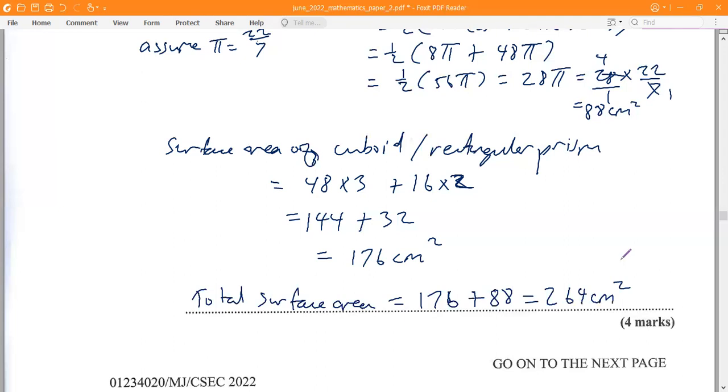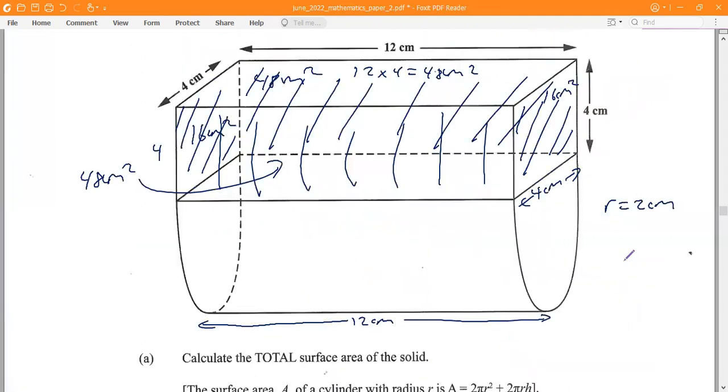The trick in this question is that there is no base for the cuboid. So the base of the cuboid here is not a face. So the cuboid only has 5 faces.